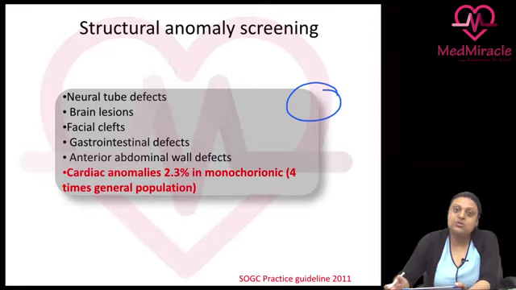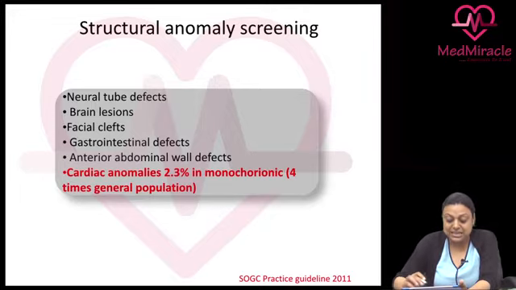So how do we go for structural anomaly screening? What are the things that we need to keep in mind? These are neural tube defects, brain lesions, facial clefts, gastrointestinal defects, anterior abdominal wall defects, and cardiac anomalies, 2.3% in monochorionic pregnancy.